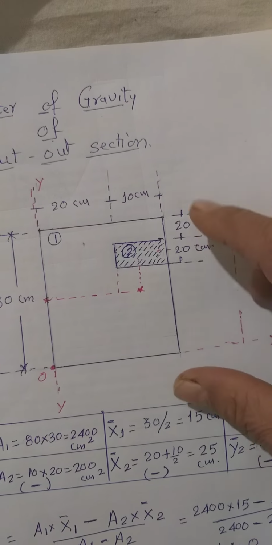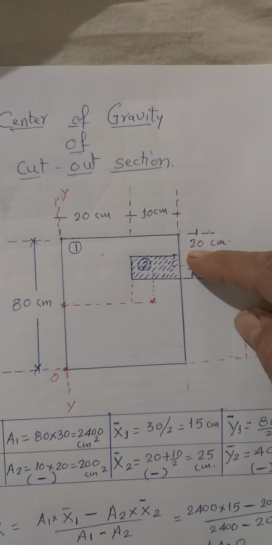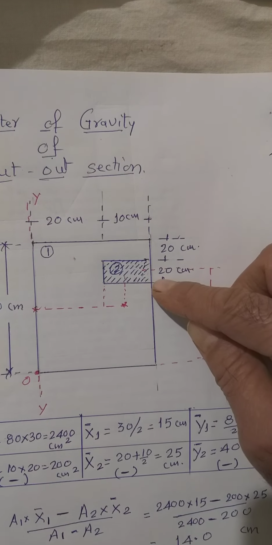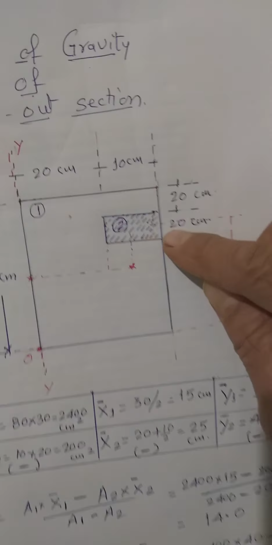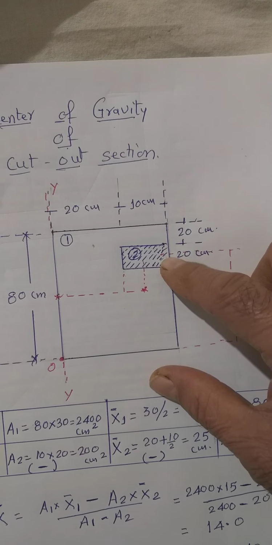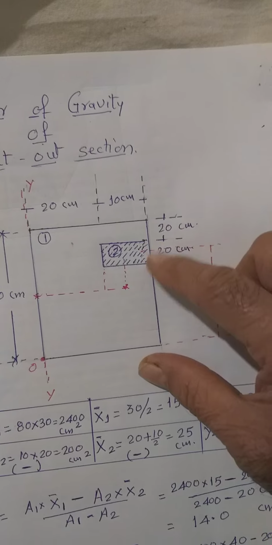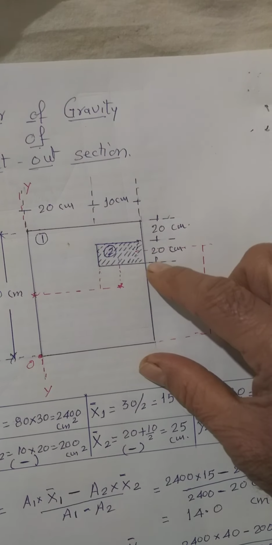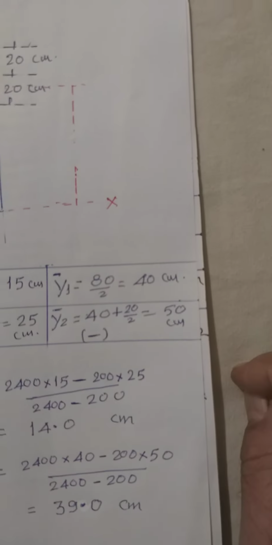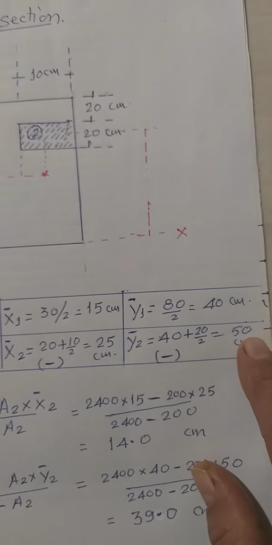You know, the total distance is 80 minus 20, minus 20, so how much will this be? It is 20, 20, 40, that will become 40. This is a total of 20, half of that is 10, that is 40 plus 10, that is 50. Y bar 2 must be equal to 50. 40 plus 20 by 2, that is 50 mm.